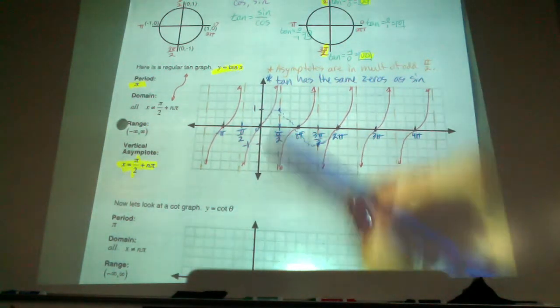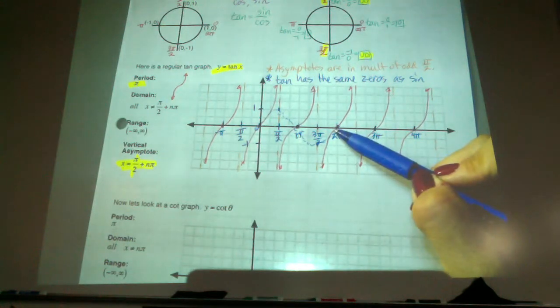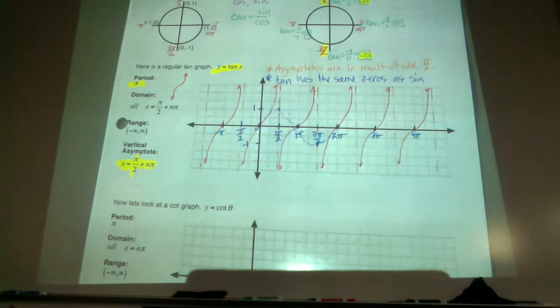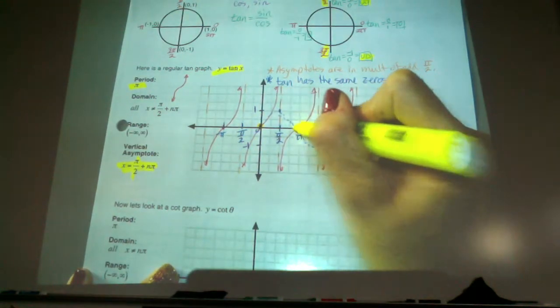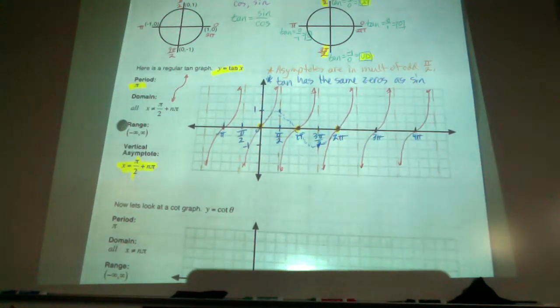Isn't that one period of sine? Doesn't sine have exactly the same zeros as tangent does? And so again, when sine is 0, tangent's going to be 0 because sine is in the numerator of the fraction for tangent, or the ratio.